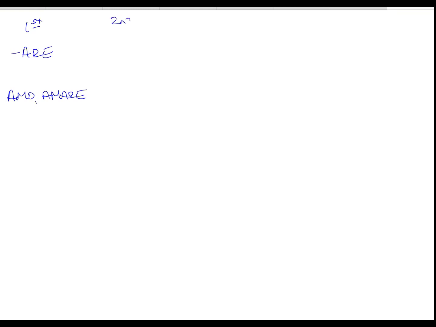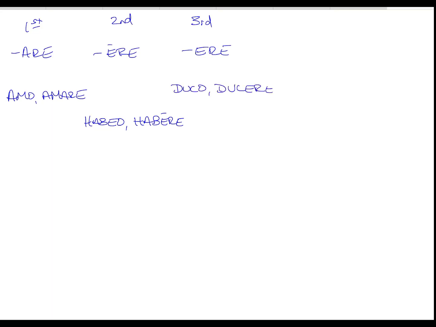Second conjugation, ERE, a long ERE, for example, habeo and habere. Third conjugation, short ERE, and we know verbs like duco and ducere. Third IO we'll talk about in just a second.